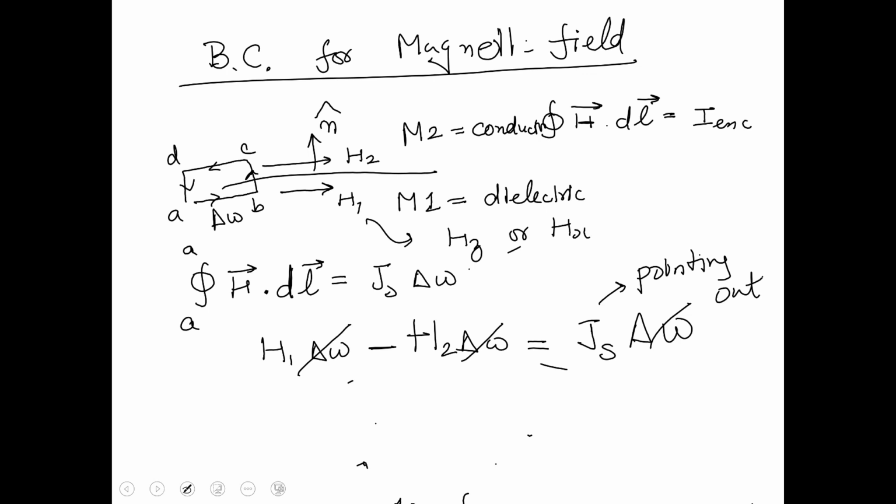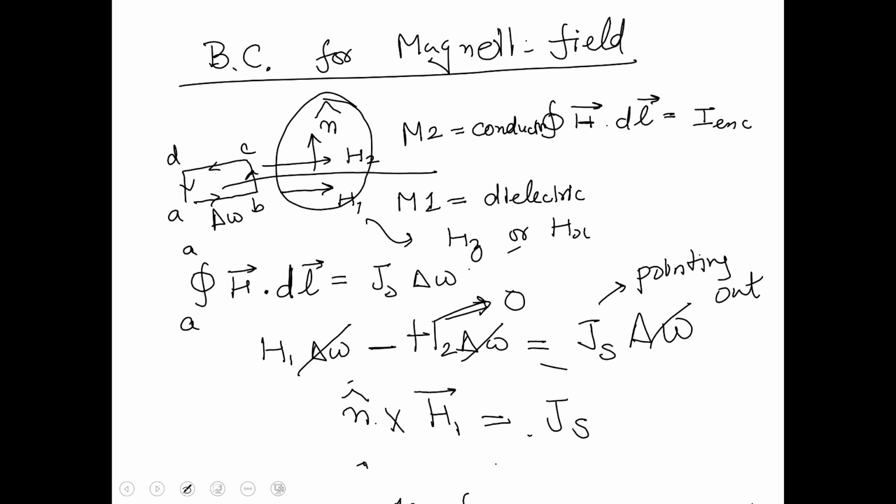So then what we define, with respect to how we have defined this boundary condition, this becomes N cross H1, the H in one medium, H2 in the second medium is 0, there is no magnetic field in the conductor. That is equal to the current we have as it is written. So pointing out, this has to follow the right hand thumb rule.